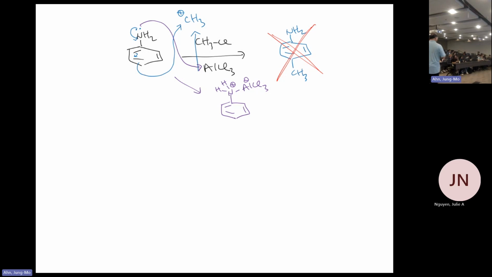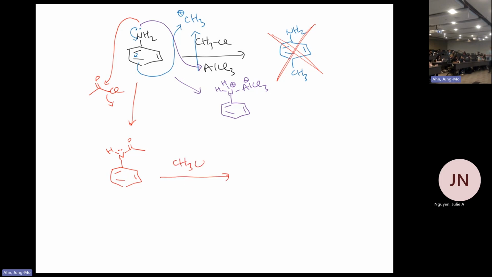So again, if you want to make it happen, then what you can do is use the concept you learned before, which is reacting with an acid chloride, that makes an amide, right? Once it makes an amide, these lone pairs are still there, but they're not basic. So they're not going to react with the Lewis acid. You can go through the Friedel-Crafts alkylation without any problems.